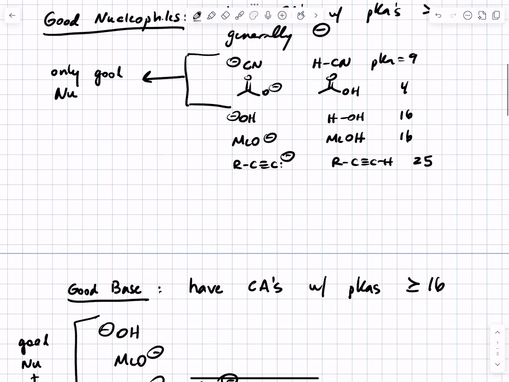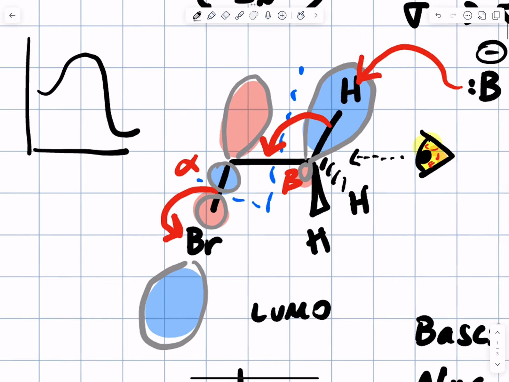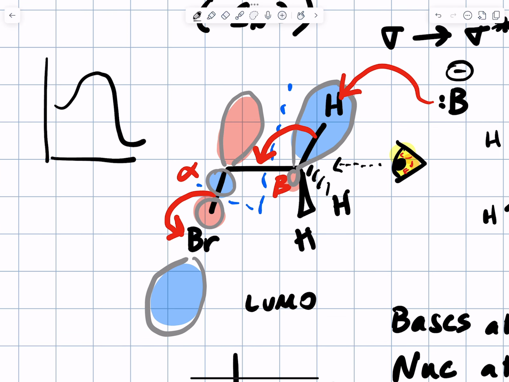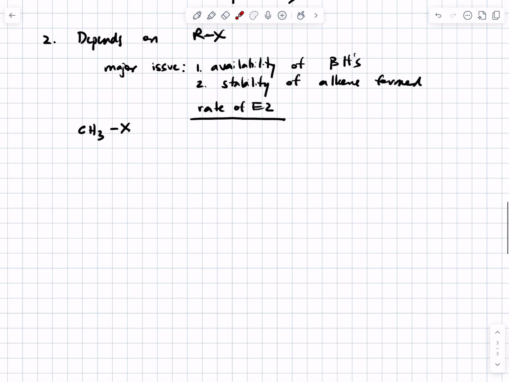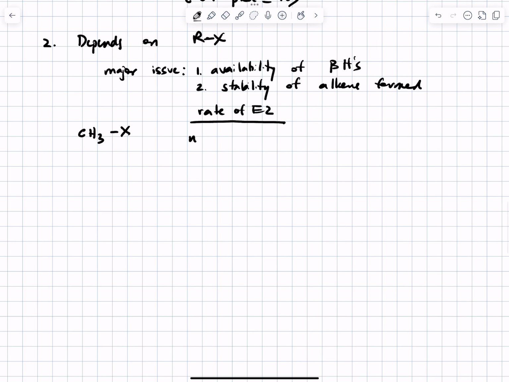What does methyl leaving group lack that this molecule has? Beta protons, right? No beta protons, no elimination reaction. So for the methyl, there's no E2 because there are no beta protons.